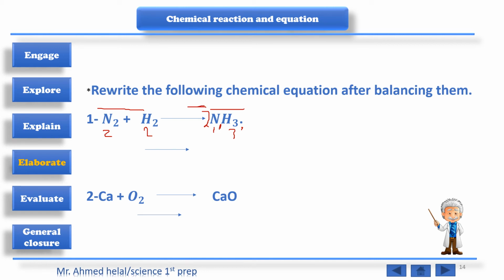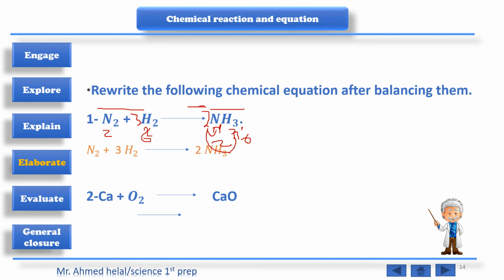So if we put 2 here, 2 by 1 equals 2, and 2 by 3 equals 6. Okay, here we have 2 nitrogen atoms, and here we have 2 hydrogen atoms. But here we have 6 hydrogen atoms. What should we do? Yes, if we put 3 here, 3 by 2 equals 6, and here we have 6.